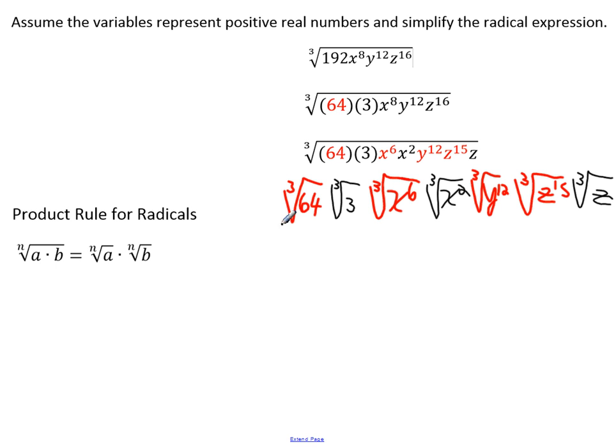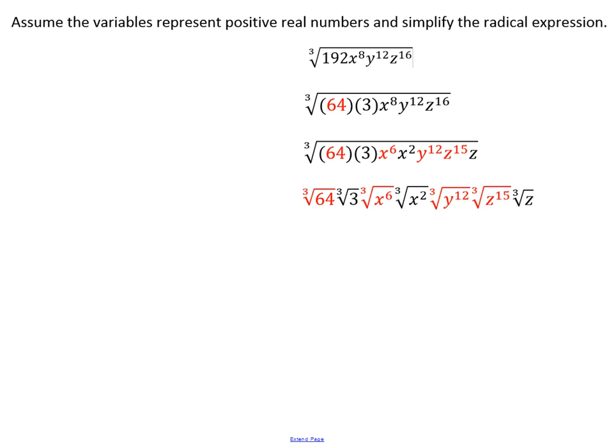All right, well, let's see. Now, I actually know some of these cube roots. Which ones do I know here? I know the cube root of 64. The cube root of 64 is 4. I know the cube root of x to the 6 because 6 divided by 3 is 2.